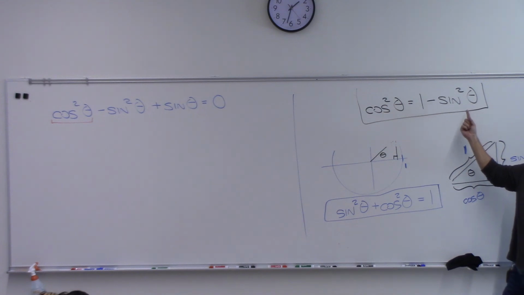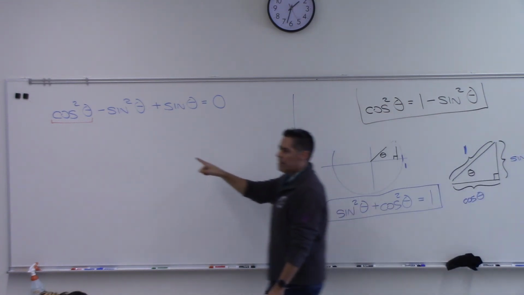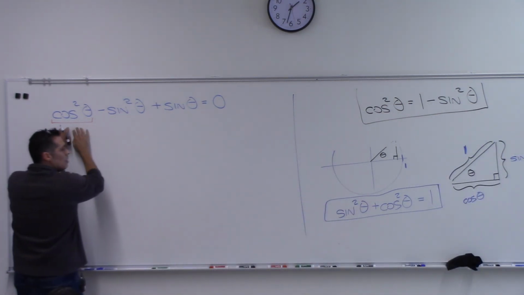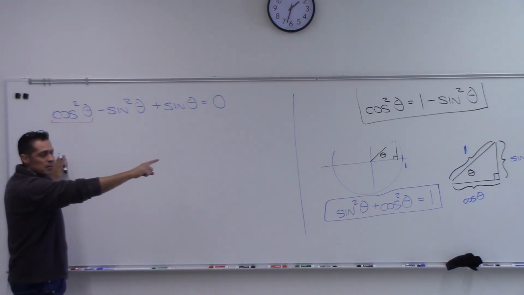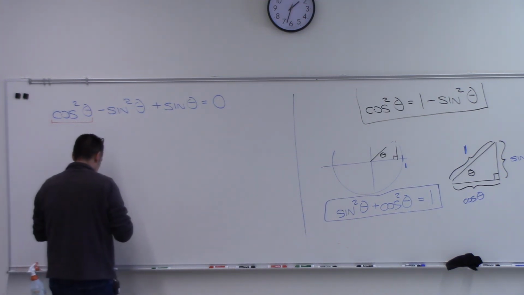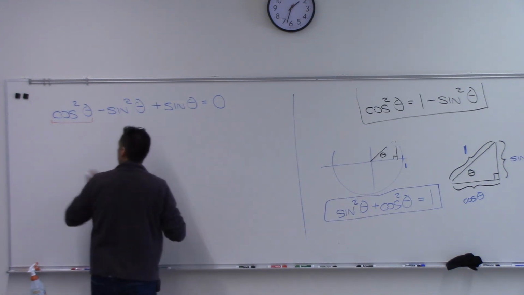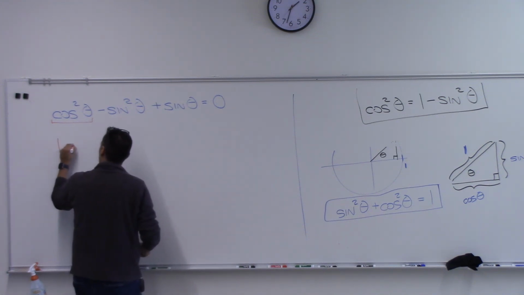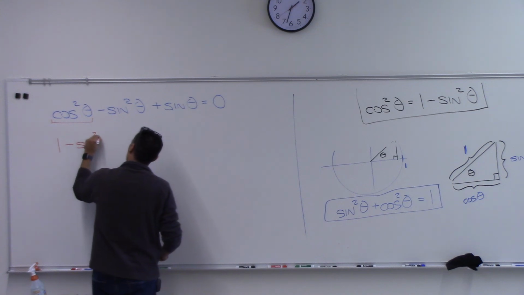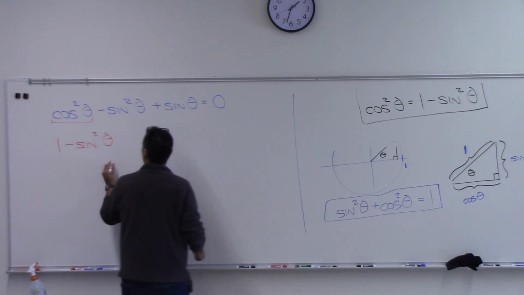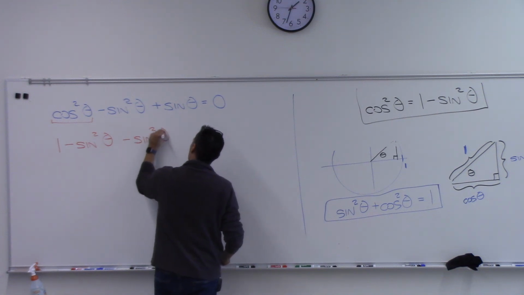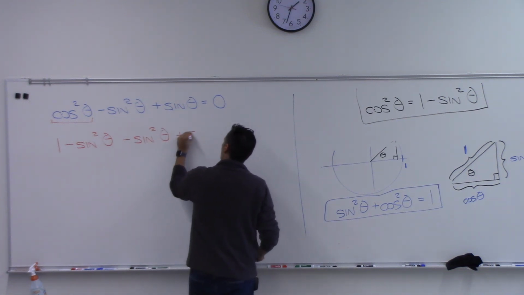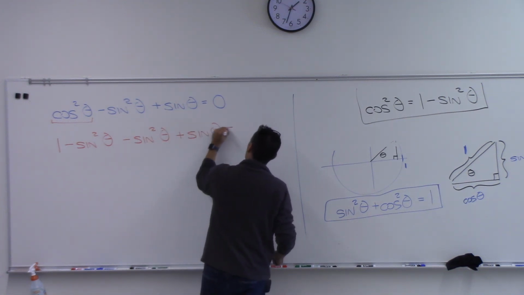So I'm going to come over here and replace cosine squared theta with 1 minus sine squared theta. I'll do it in red so you know what I'm replacing. This is 1 minus sine squared theta. Then I still had here minus sine squared theta, and then plus sine theta equals 0.